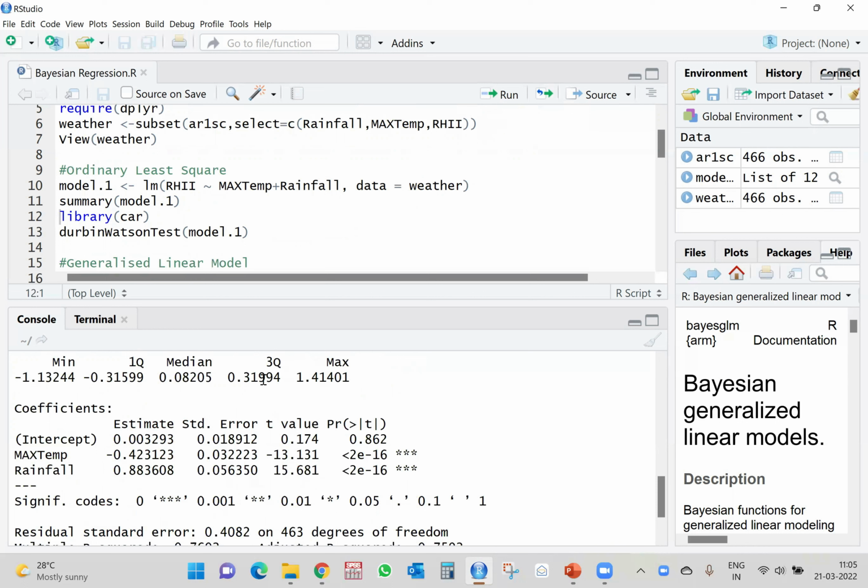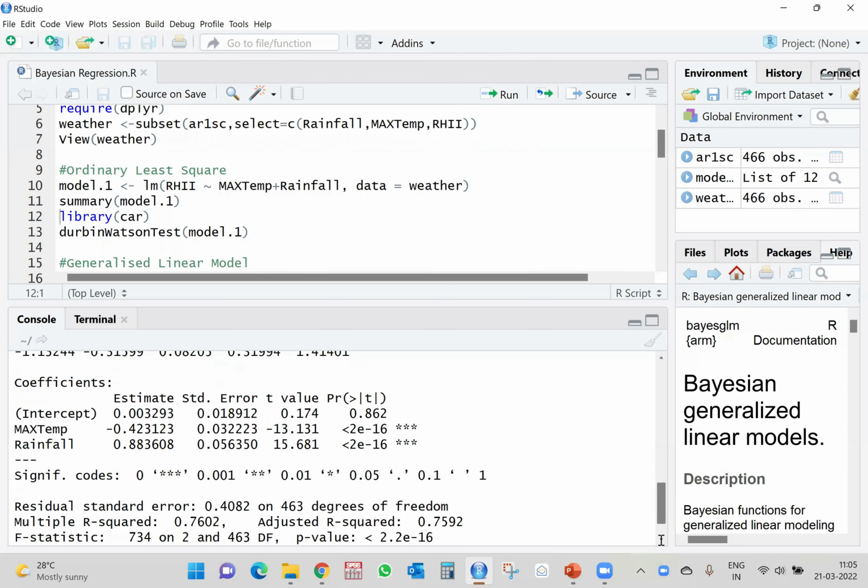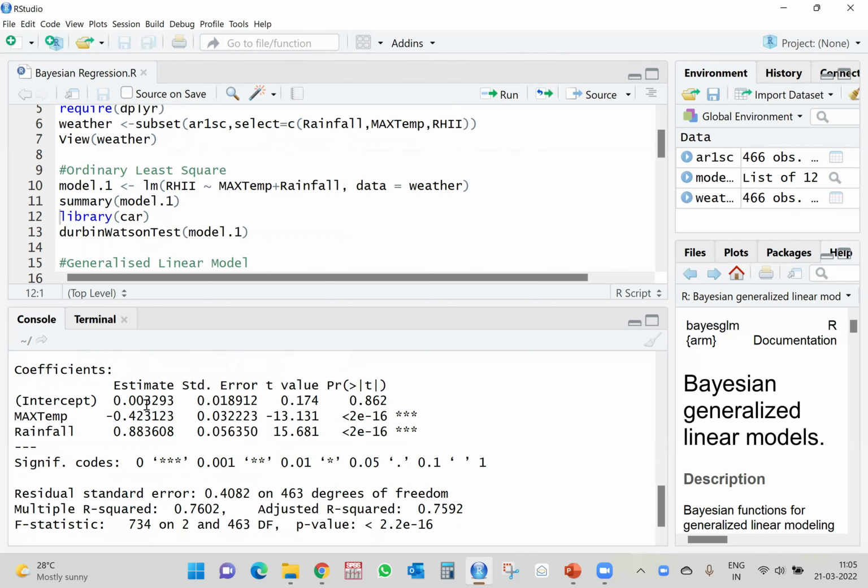The residual statistics are given: minimum, first quartile, median, third quartile, and maximum value, followed by the regression coefficients, the standard errors, the t value, and the p value.